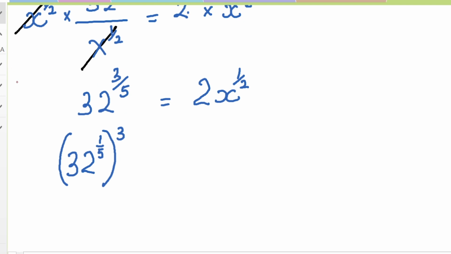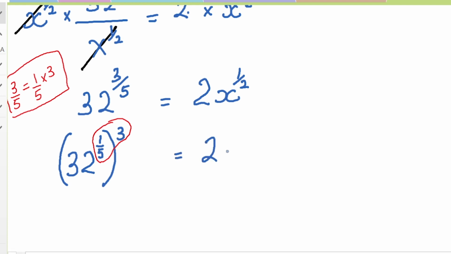This 3/5 has been split: 3 over 5 is the same as saying 1 over 5 times 3. That is how I've split it here. So it is 32 to the power a fifth, to the power 3. That's how it has been split. This is equal to 2x to the power a half.